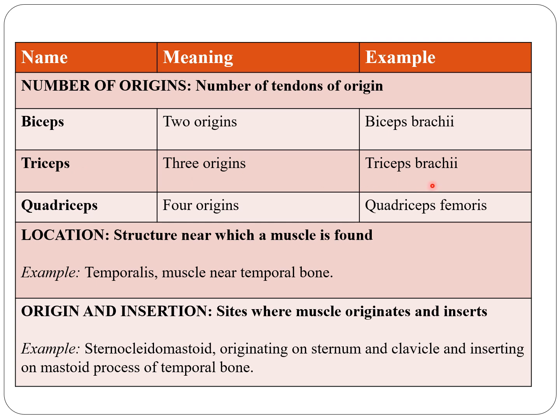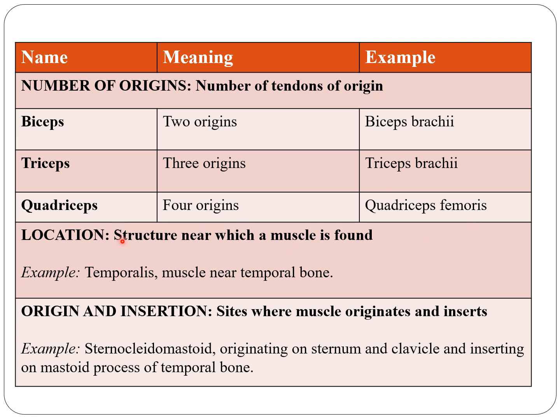Example is triceps brachii. The next is quadriceps. It indicates 4 origins. Bi means 2, tri means 3, and quadra means 4. Example of the quadriceps is quadriceps femoris.